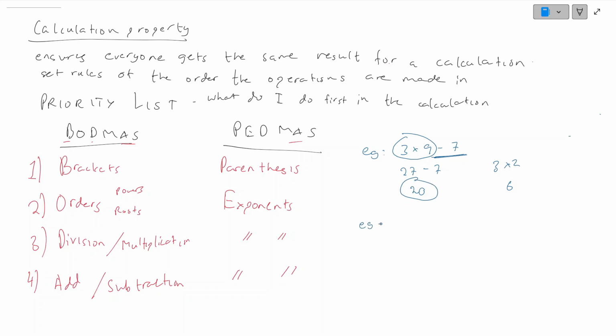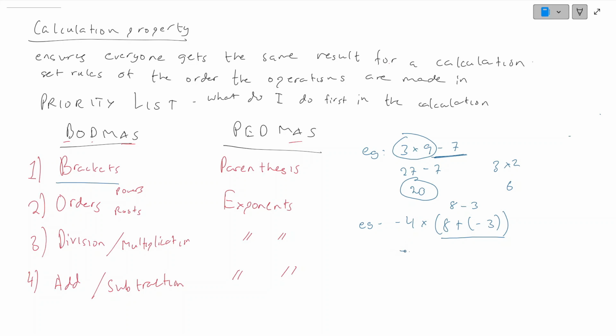Another example we can go through: -4 times (8 plus -3). If we look at our order of operations, the first thing we have to do is brackets. So here we will do whatever is going on inside the bracket, which is 8 plus -3, which can be simplified to 8 minus 3, which is 5.